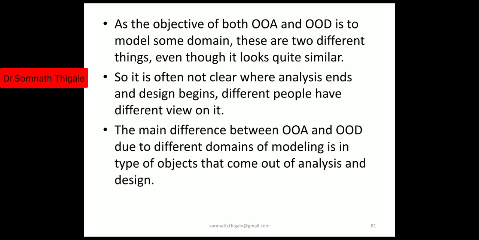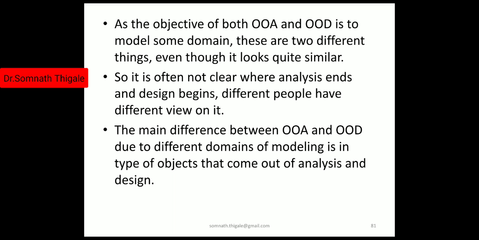The objective of both analysis and design, OOA and OOD, is to model some domain. These are two different things, even though they look similar. It is often not clear where analysis ends and design begins.